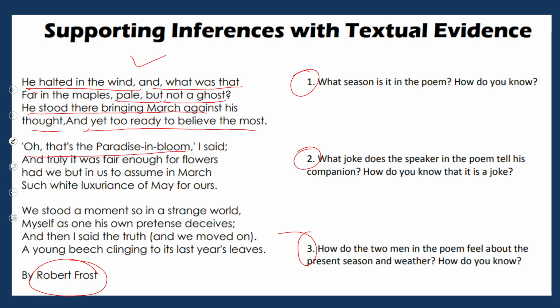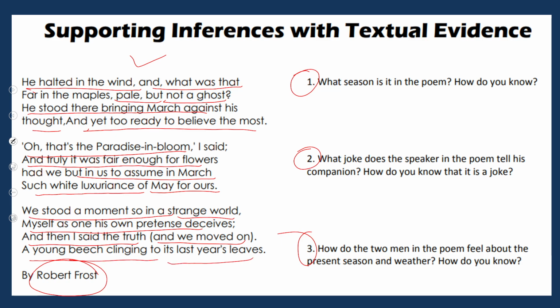Oh, that's the paradise in bloom, I said, and truly it was fair enough for flowers, had we but in us to assume in March such white luxuriance of May for ours. We stood a moment so in a strange world, myself as one his own pretense deceives, and then I said the truth, and we moved on, a young beech clinging to its last year's leaves.